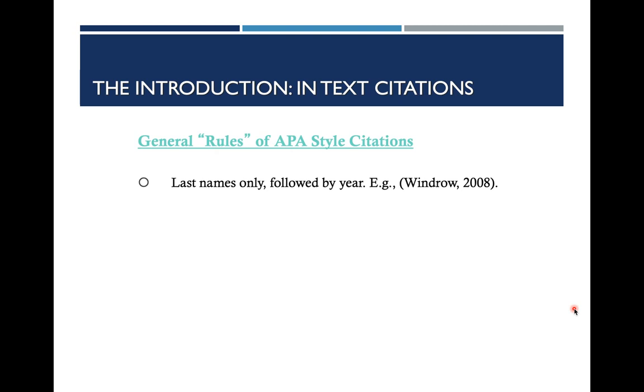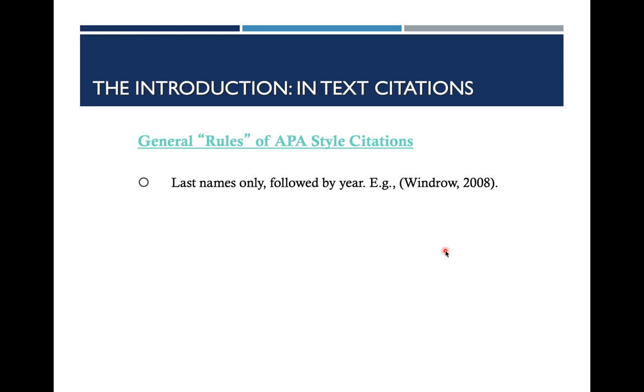So in APA style, remember you are writing a scientific paper to inform other people about the science that you have done. However, when you do that, particularly in the introduction, you have to discuss previous research. When you discuss previous research, you have to give people credit for those findings and those ideas.